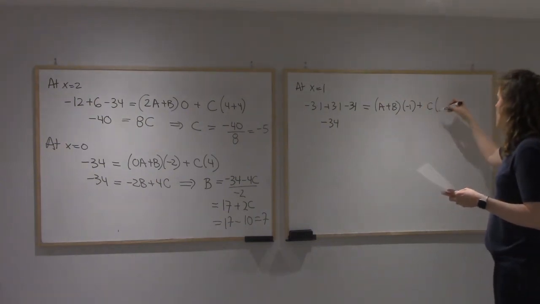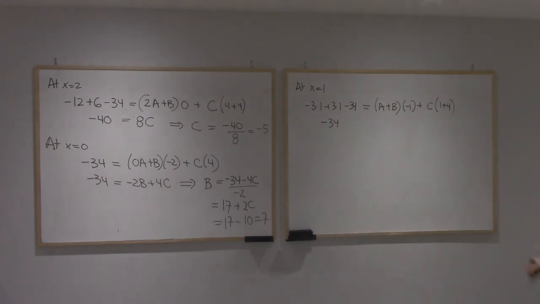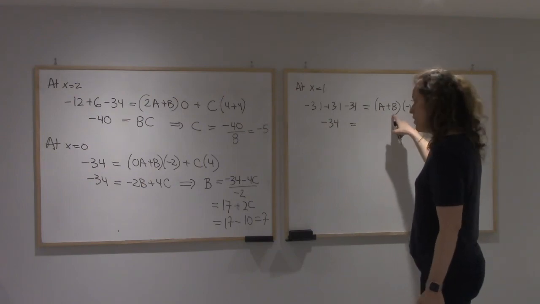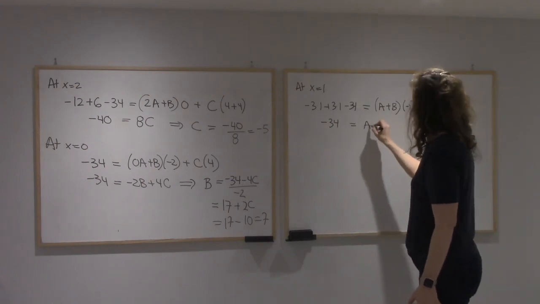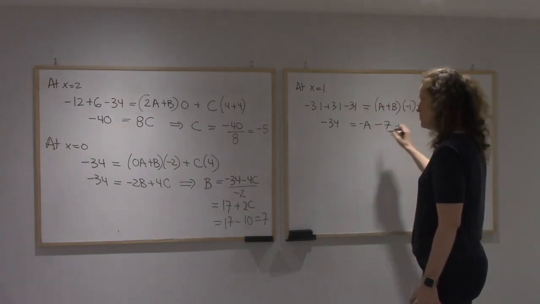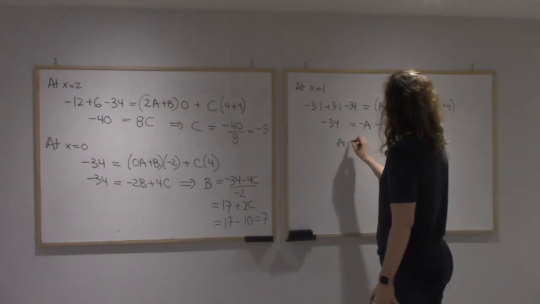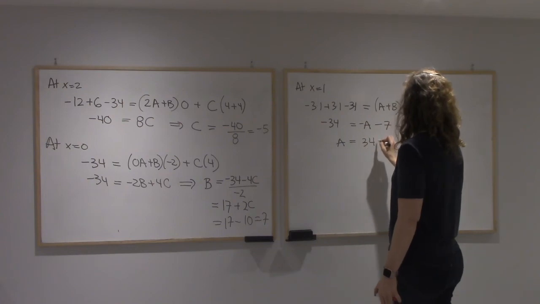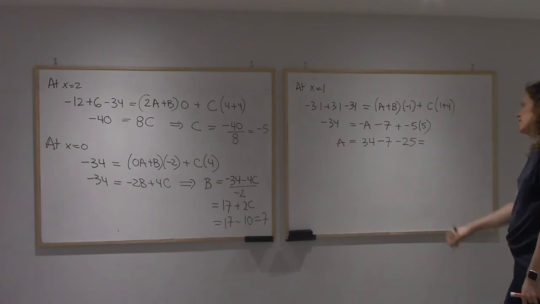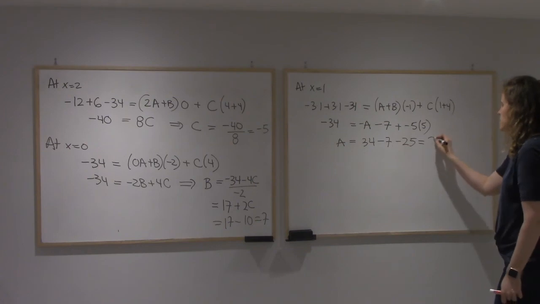Plus c, x squared is 1 plus 4. All right, that's what I need. The rest we can do. So I get a, I don't know. B is 7. C is minus 5. And so a will be 34 minus 7 minus 25. That's 9 minus 7, that's 2.